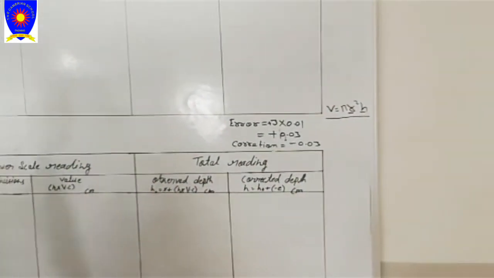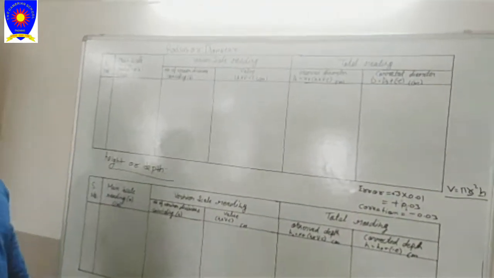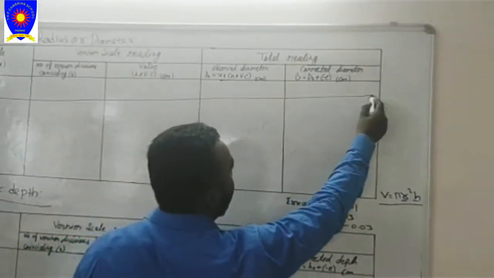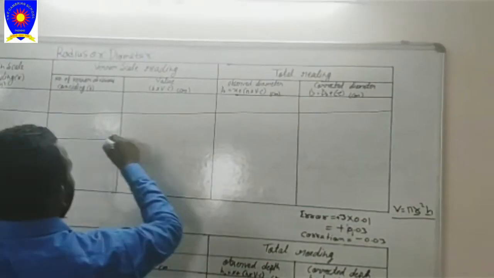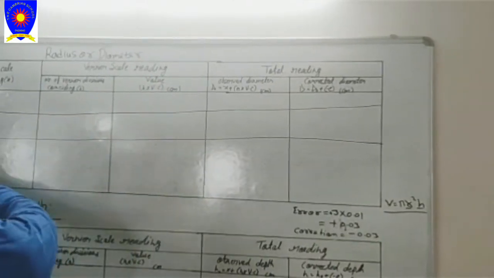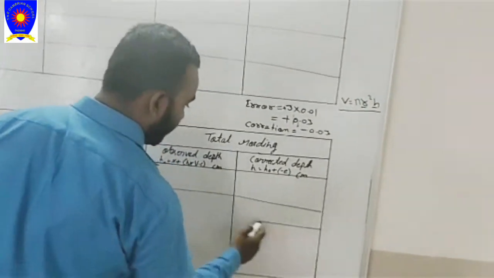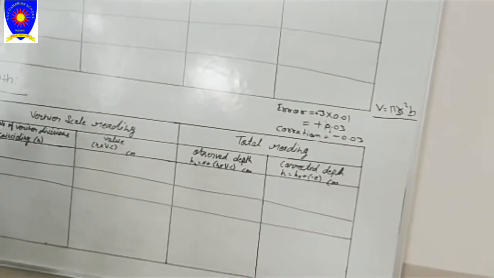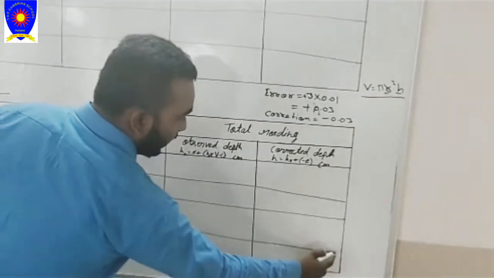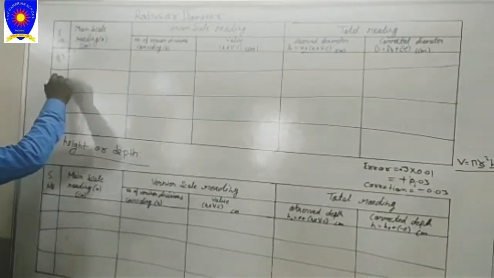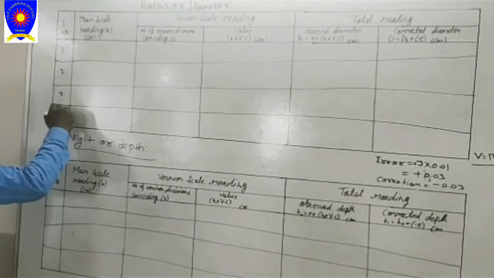Now firstly, we have to find the diameter. We will take 3 or 4 readings for the diameter and 3 or 4 readings for the height of the given cylindrical body. This is first, second, third and fourth.